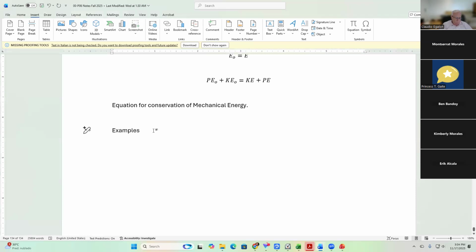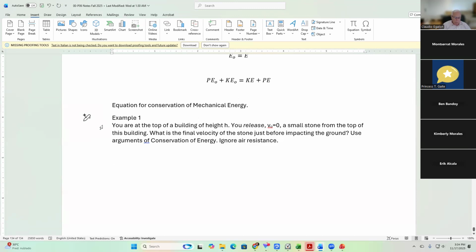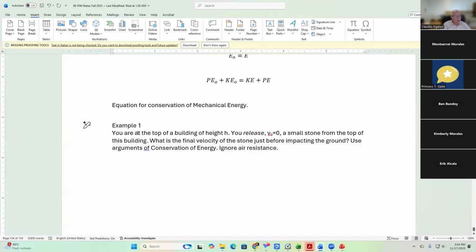Okay, example. I'm going to show you an example that can be solved either using the argument of forces or the argument of conservation of energy. So you're at the top of a building of height h. You release a small stone from the top of this building. When I say release, I mean the initial velocity is going to be 0.